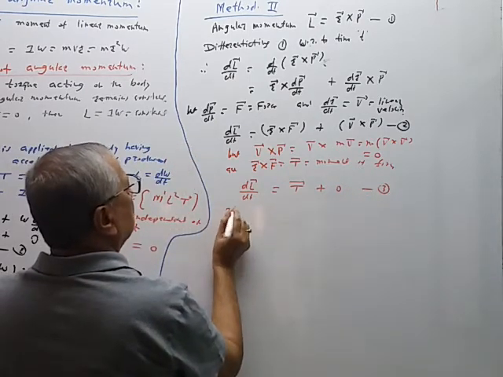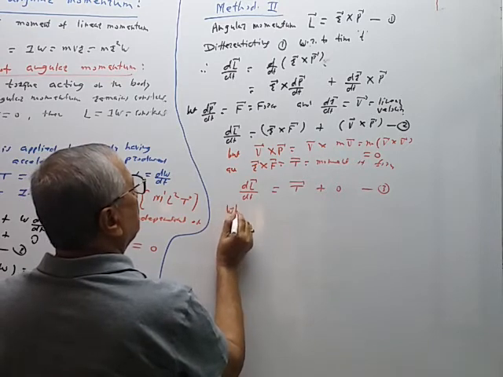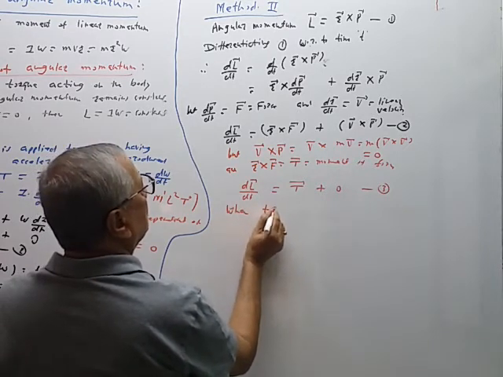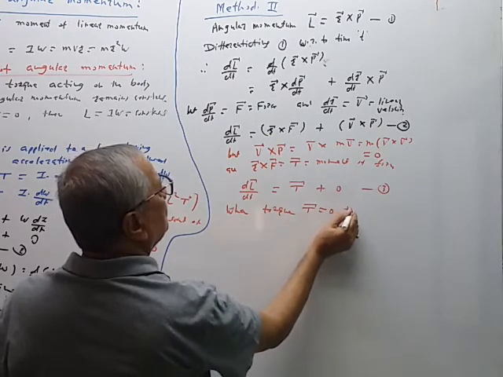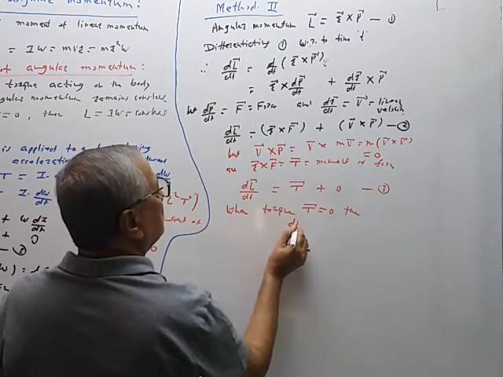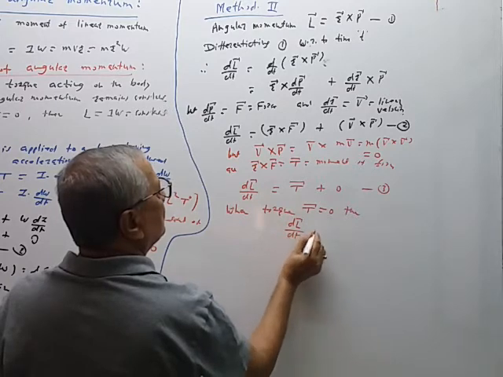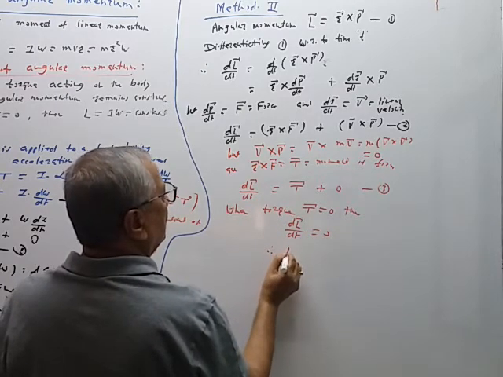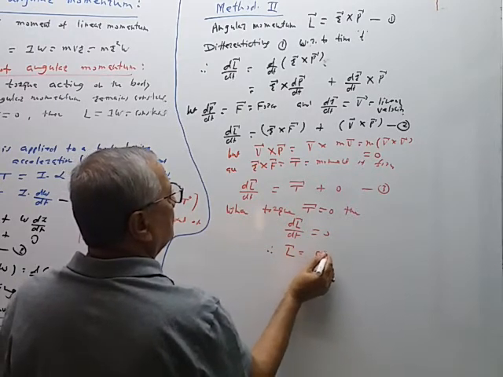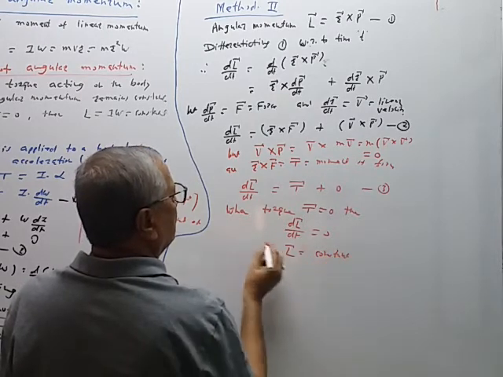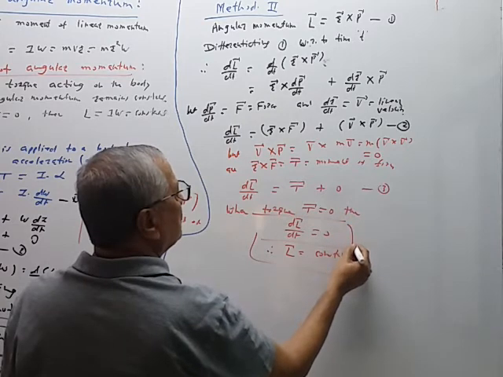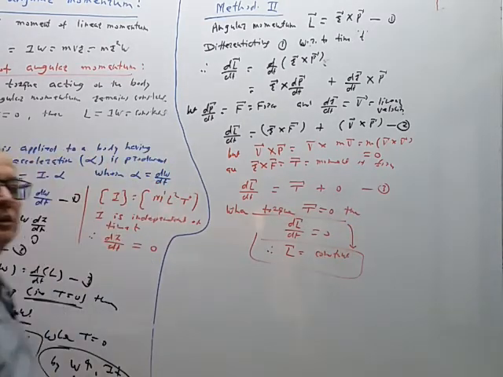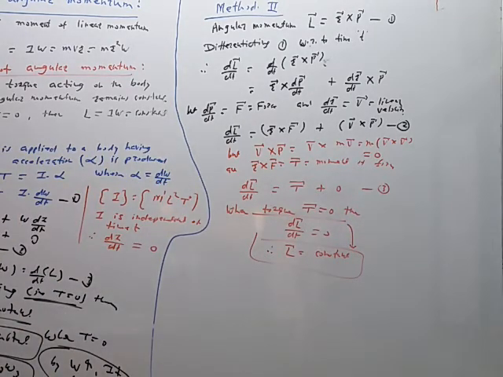Therefore, when torque is equal to 0, then by equation 3, dL by dt is also 0, and therefore L is constant. So when torque is equal to 0, the angular momentum remains constant. This is the law of conservation of angular momentum.